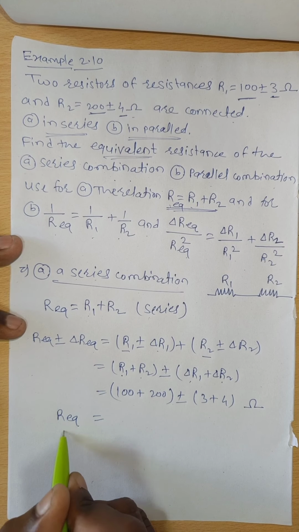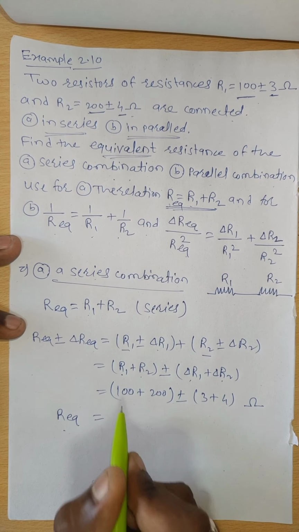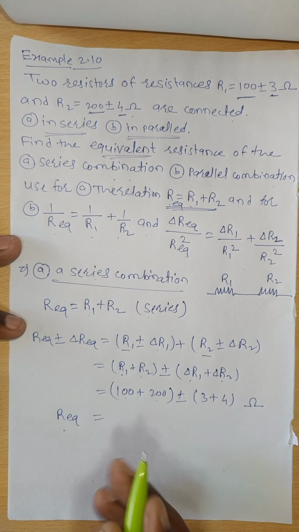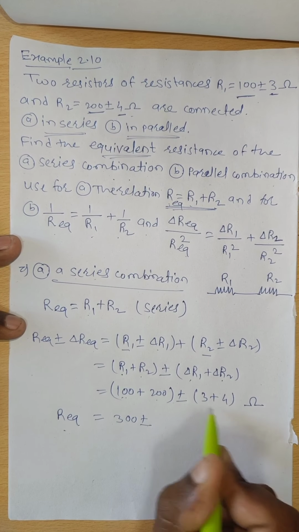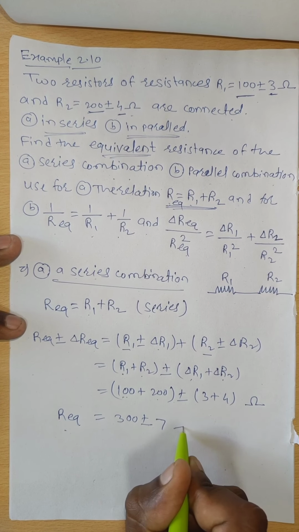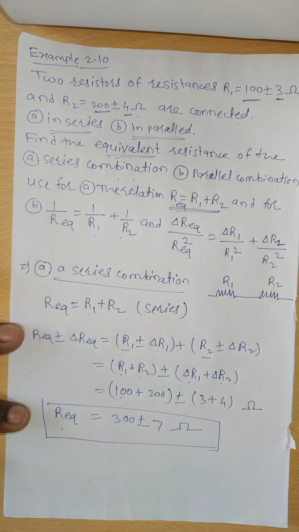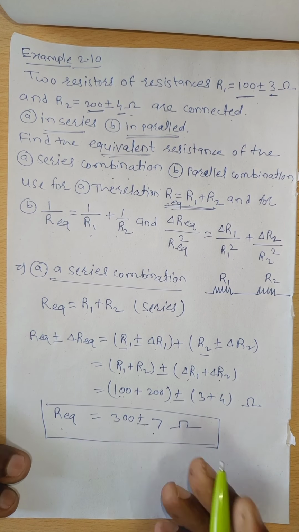That is, the total value of measurement R equivalent when they are connected in series combination is 100 plus 200 plus or minus 3 plus 4. That is 100 plus 200 means 300 plus or minus 3 plus 4 means 7 ohms. While connected in series, the equivalent resistance value is 300 plus or minus 7.